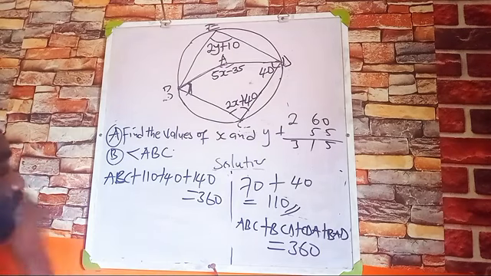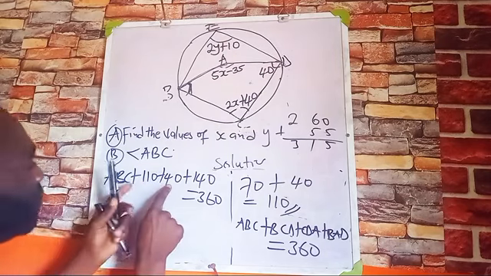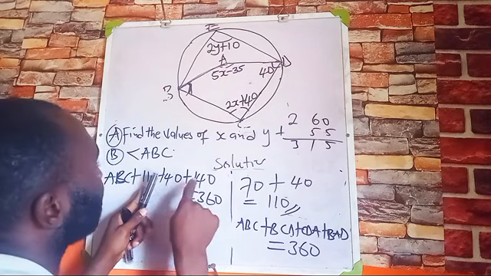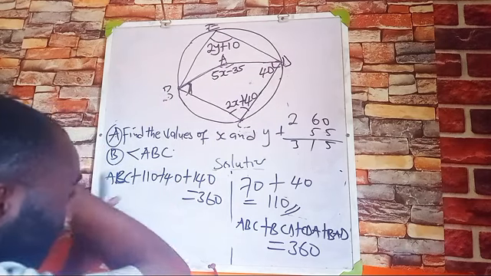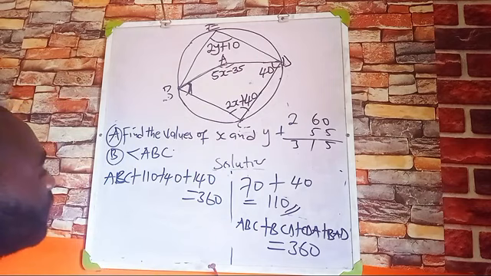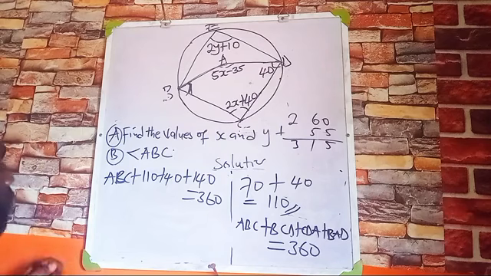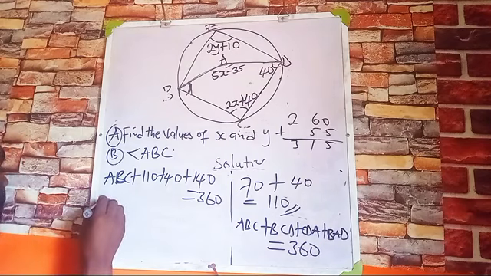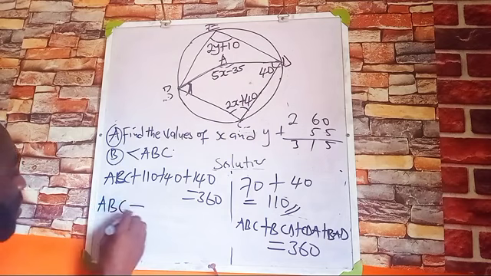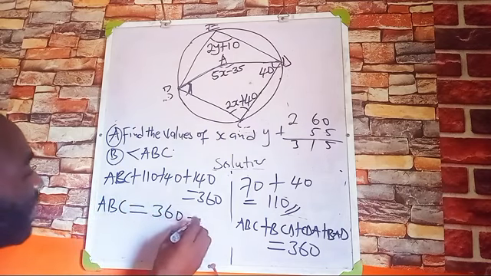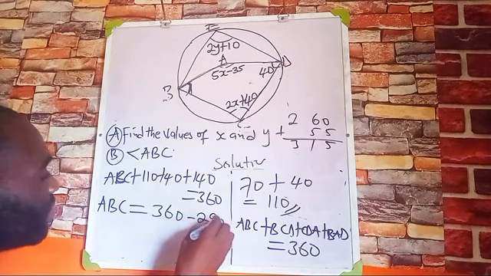So we are going to collect the like terms. 110 plus 40, that is 150. 150 plus 140, that is 290. So ABC plus 290 is equal to 360, so ABC is equal to 360 minus 290.